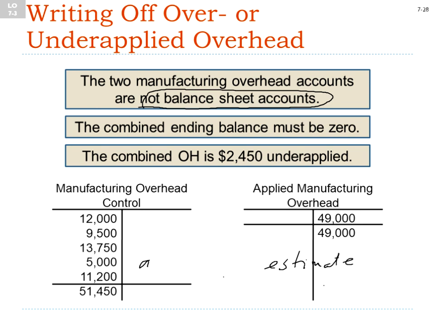So these are your actual numbers, and the applied manufacturing overhead is what you allocated based on your estimate. And obviously, in this situation, you should have applied ideally $51,450. You only applied $49,000, so that's why it's considered underapplied by $2,450.